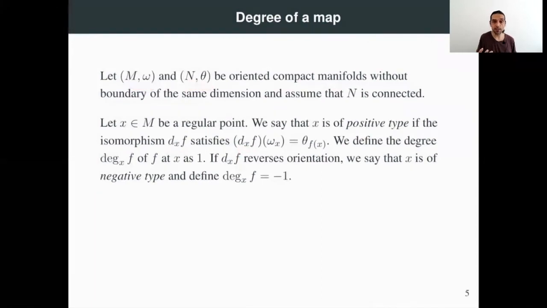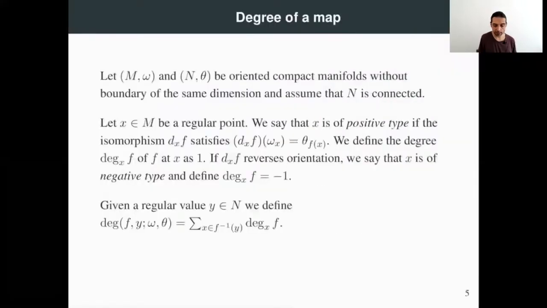If the differential of f at x preserves orientation, in other words, sends omega x to theta of f x, then we say that x is of positive type, and we define the degree of f at the point x as equal to 1. If, on the other hand, the differential reverses orientation, we say that x is of negative type, and then we define the degree of f at x as minus 1. So at regular points, the degree is either plus 1 if the differential preserves orientation, and minus 1 if the differential is orientation reversing.